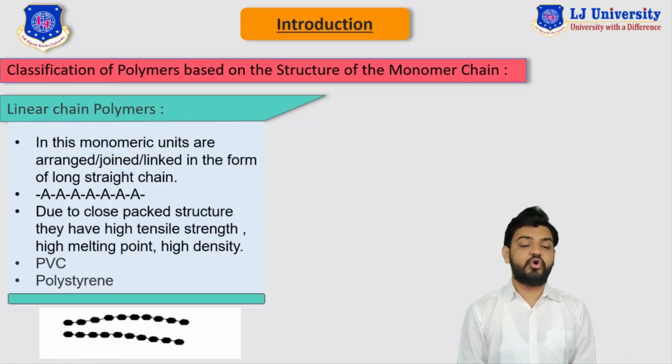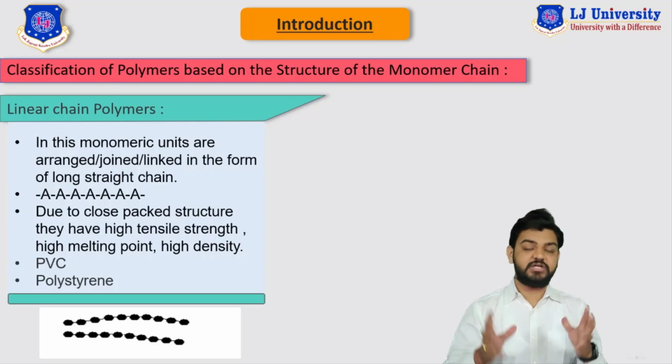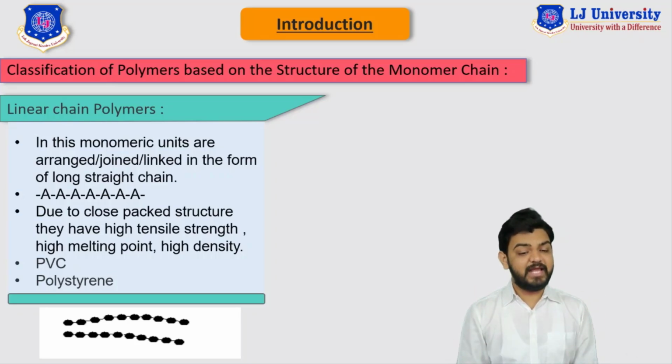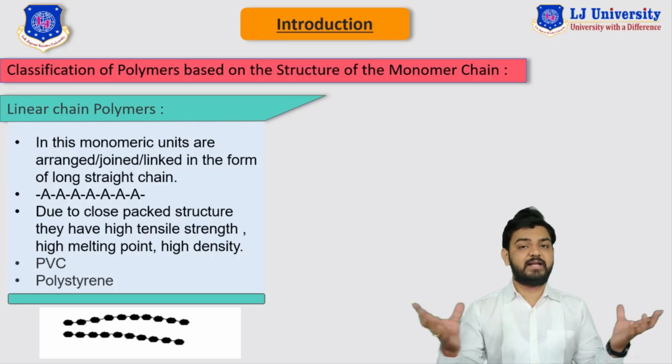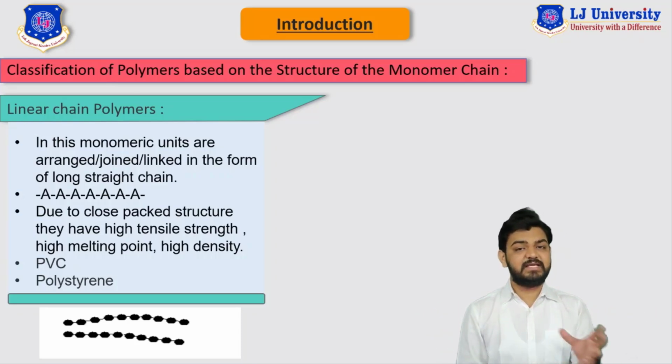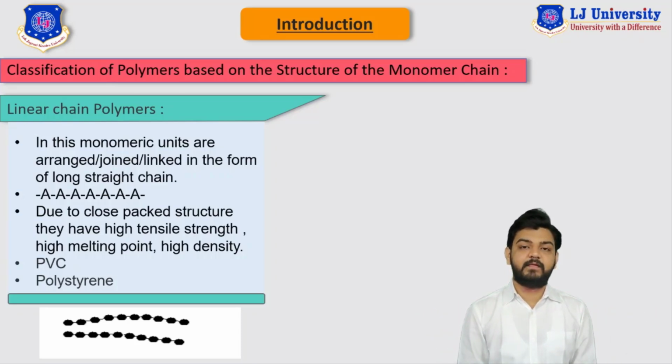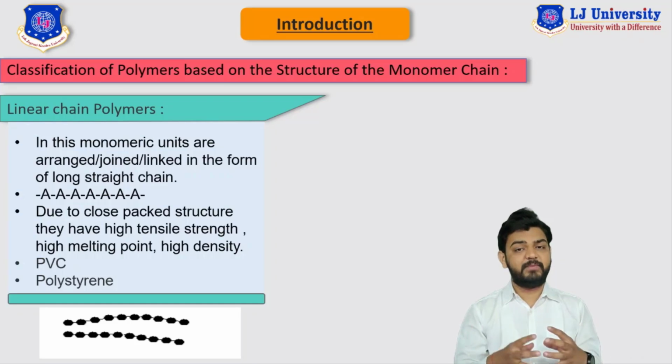In this image, you can see the linear chain polymer, in which the monomeric units are arranged, joined or linked in the form of a straight line. We can say that these monomers are joined tightly together and they form one strong chain of the polymer.